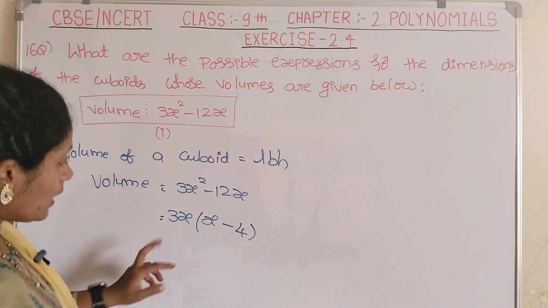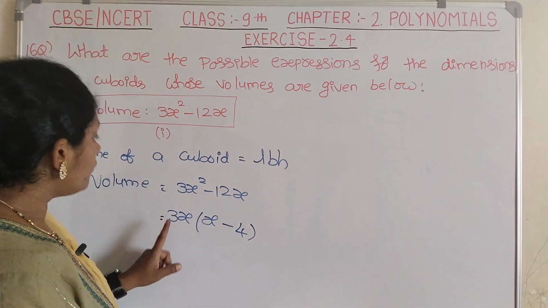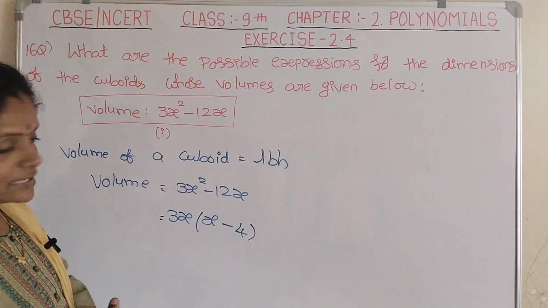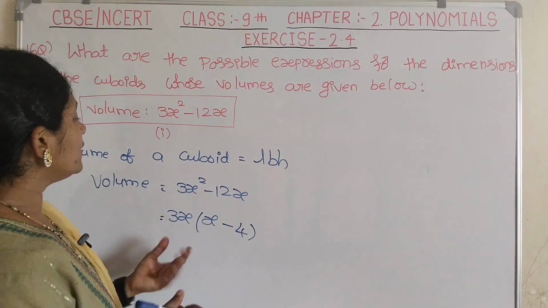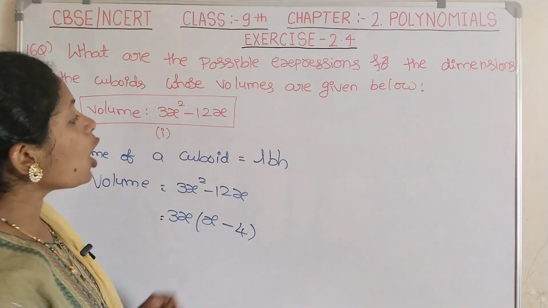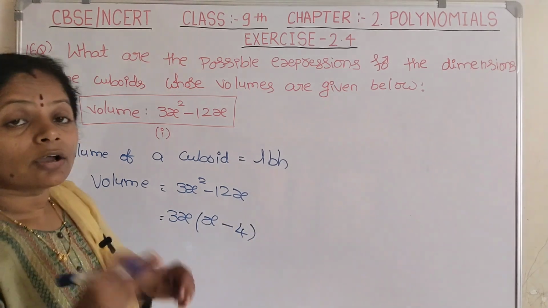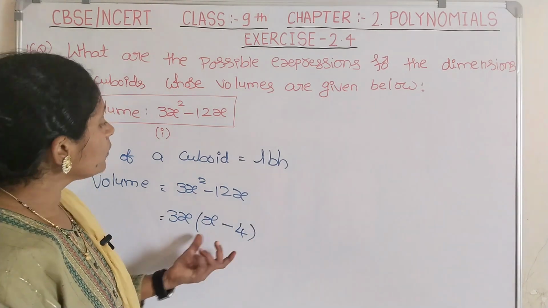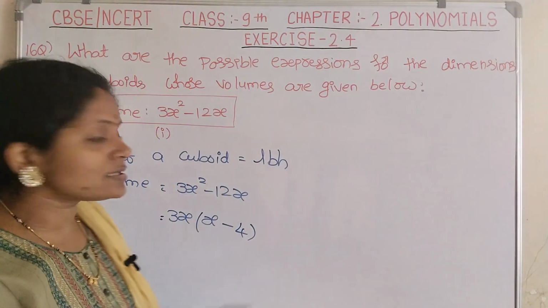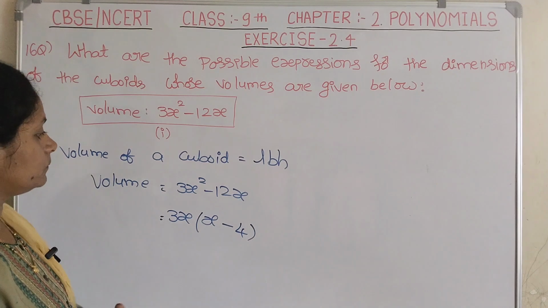Now, if you observe, this volume is in the form of L into B into H. So, this is the possible expression. Either you can write volume is equal to 3 into x into x minus 4, or you can also determine length, breadth and the height. But we don't know what the measurements of the length, breadth and height are from these three exactly. That's why you can leave it as it is.